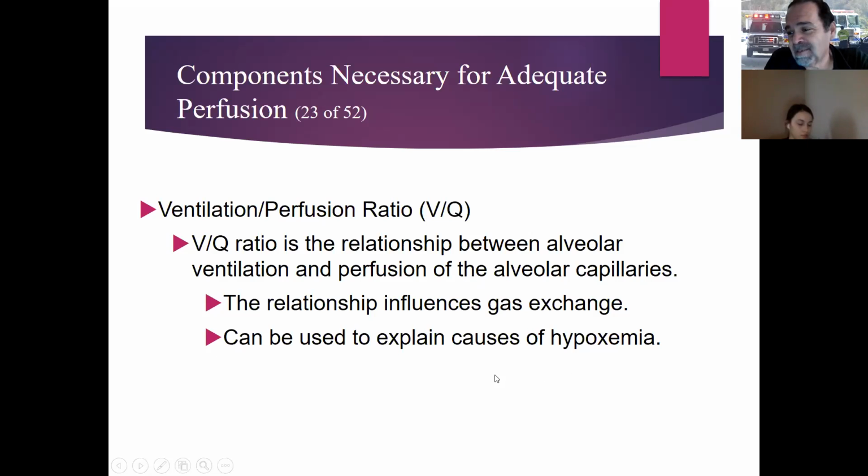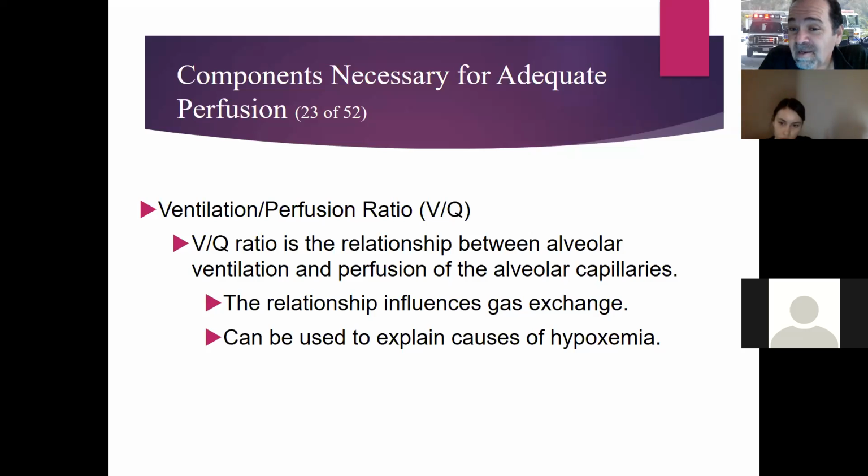So this can be used to explain causes like hypoxemia. I gave you the example yesterday: if you throw yourself in a swimming pool and get underwater, how much oxygen do you receive? None, correct. If you don't have any oxygen in your alveoli, you cannot move it through diffusion into the capillaries.